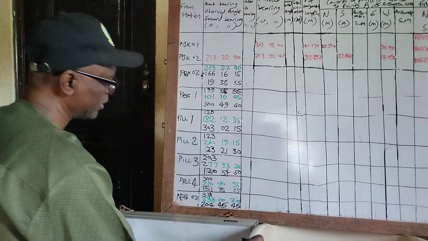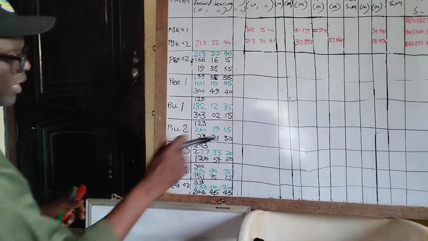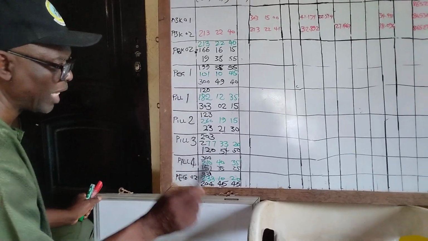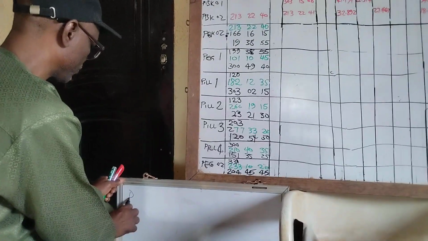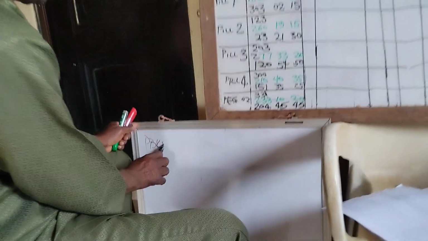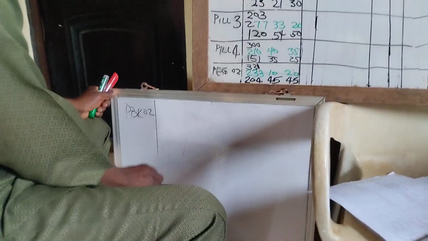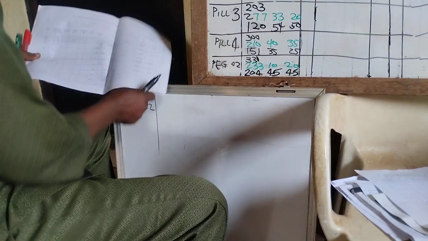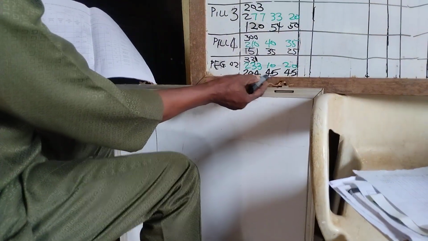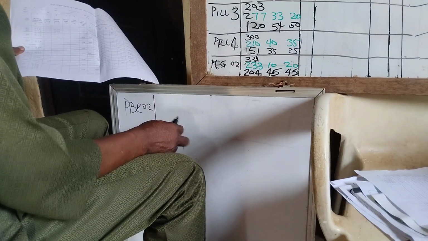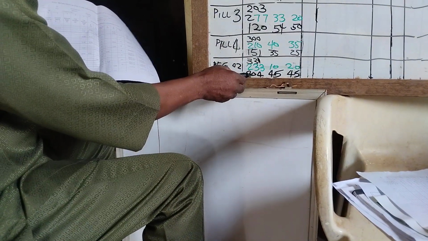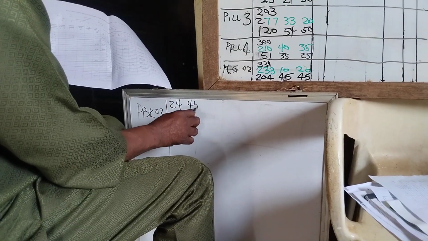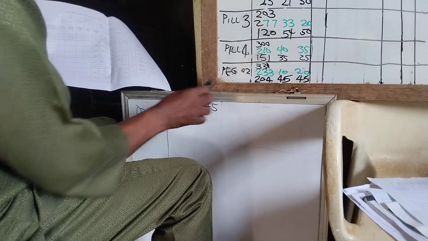Now you are trying to go to the last leg, and we are interested in showing you how the last leg will be computed. PPK 02. On PPK 02, the last one, remember this is 204 45 45. Now when you subtract 180 from here, it gives you 24 45 45.